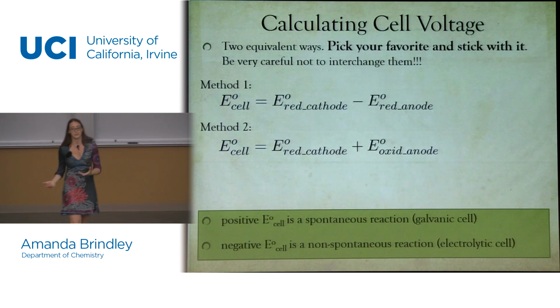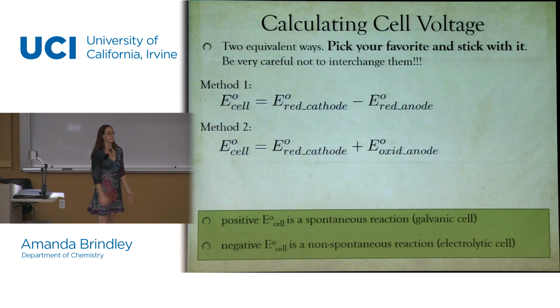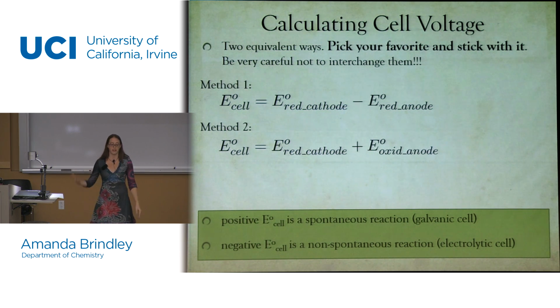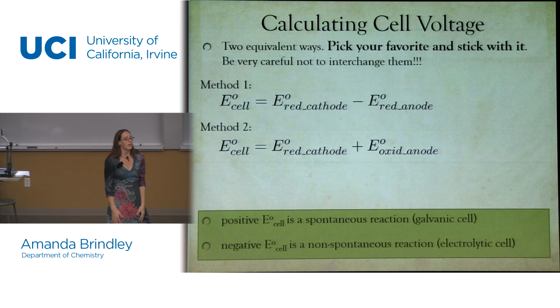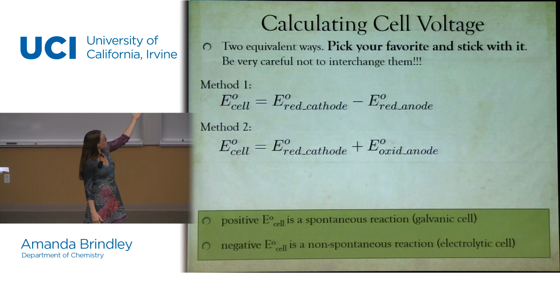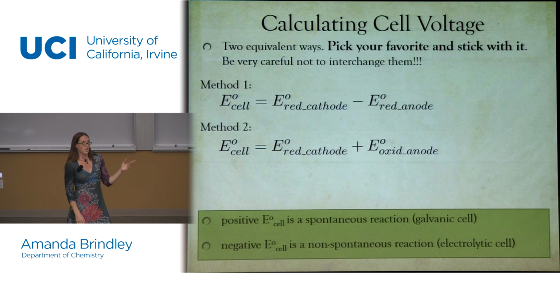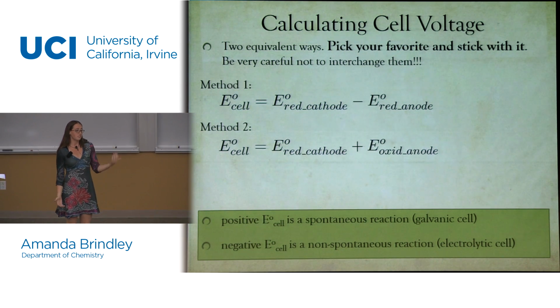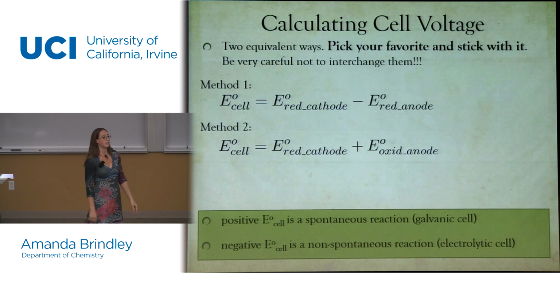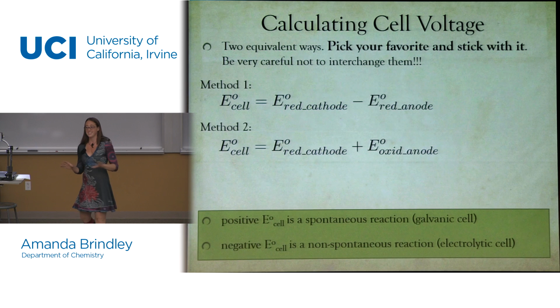You make it a negative, okay? I like doing it this way because when I was a freshman taking this class, I didn't want to memorize what the name of the anode was and what happened there. I also like this way because you don't have to remember which one goes in which direction. That being said, if you're pretty good at remembering things, don't worry about it. You can do the first one, that's fine. Just don't do both. Pick one, stick with it.